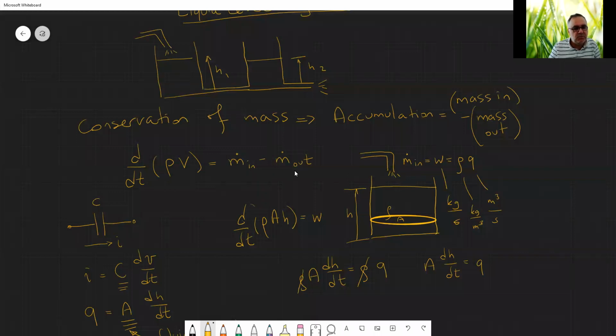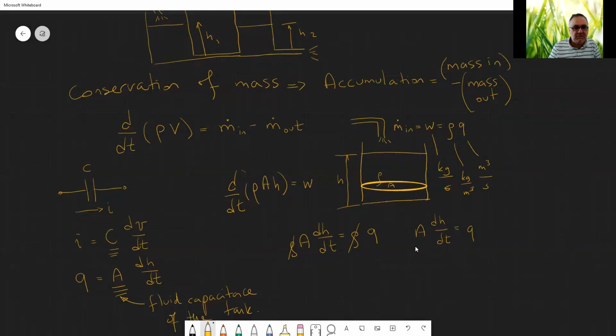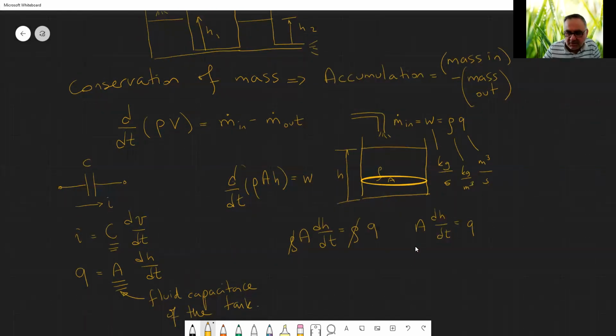of mass out. Now, if you take a tank with no holes in it, that is, you are just filling the tank, you can show that the equation that describes the tank is A dh/dt is equal to Q, by this derivation over here. And we show that this is analogous to electrical capacitance.